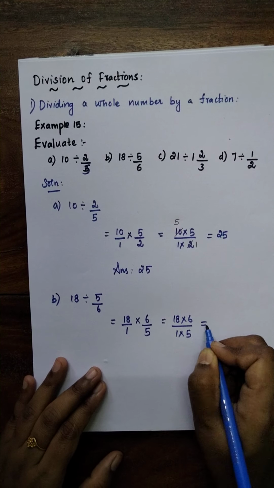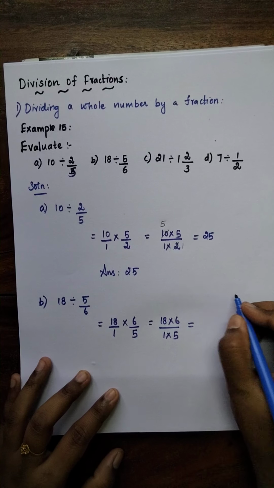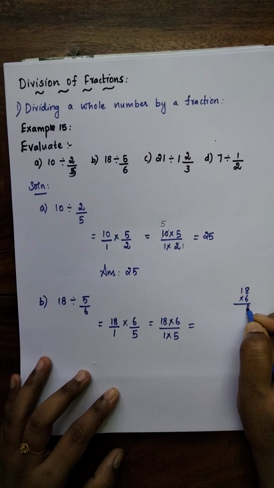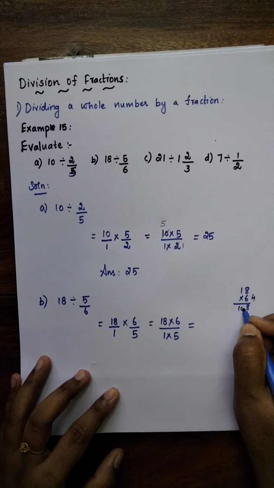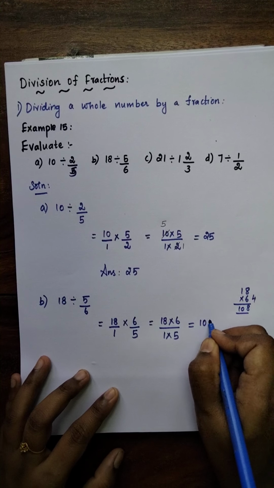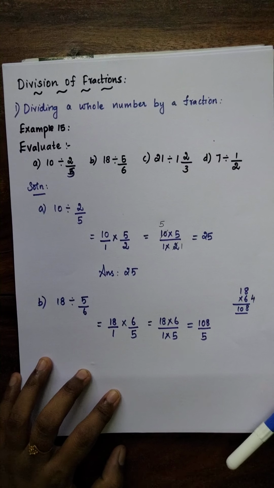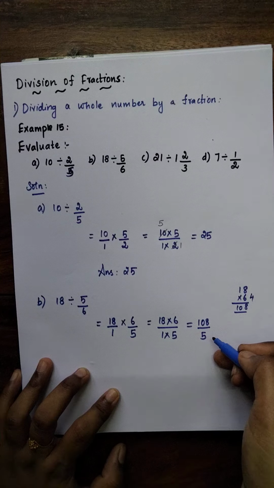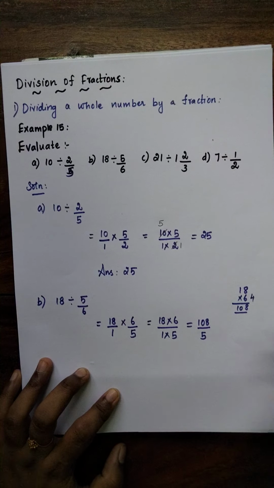Can we cancel any numbers? No. So just multiply. What is 18 into 6? 8 6s are 48, balance 4. 1 6 is 6, 6 plus 4 is 10. So it is 108 divided by 5. Our answer is an improper fraction, so convert it into a mixed fraction.